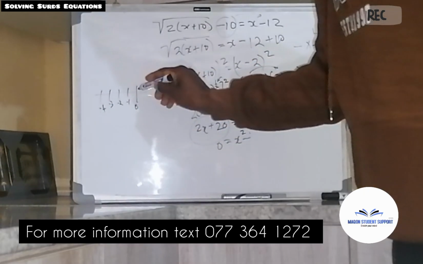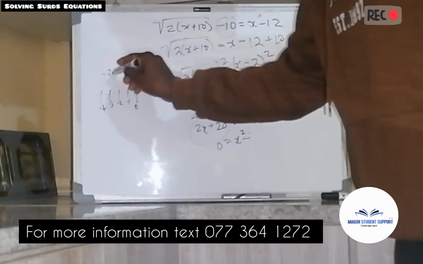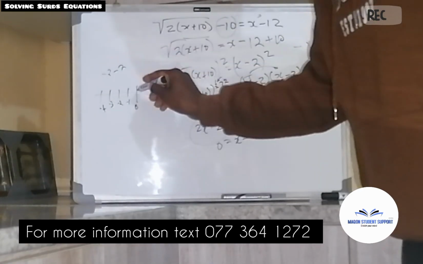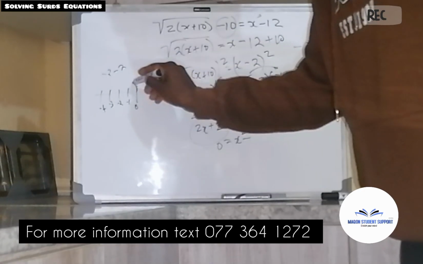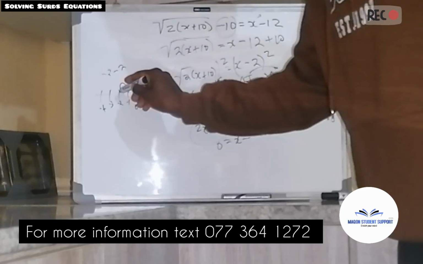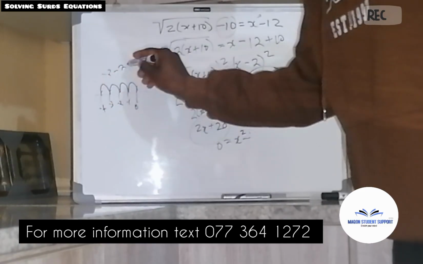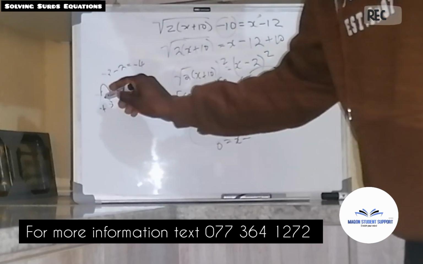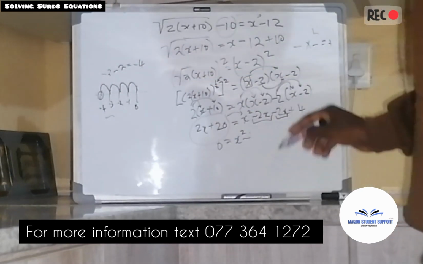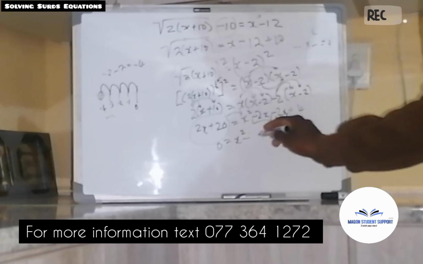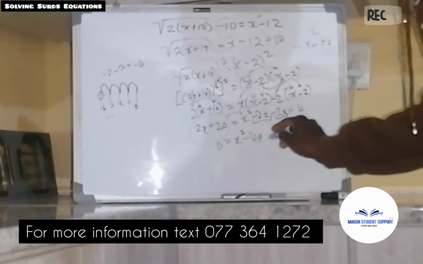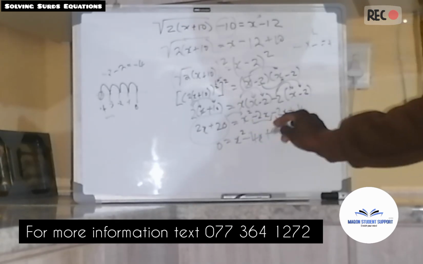So the integer, it means that we have negative 2 and negative 2. From 0 you must count 2, that is 1, 2, and then negative 2 again, 1, 2. So negative 2 and negative 2 give us negative 4. So now it means that negative 2x minus negative 2x was negative 4x, and then plus 4.